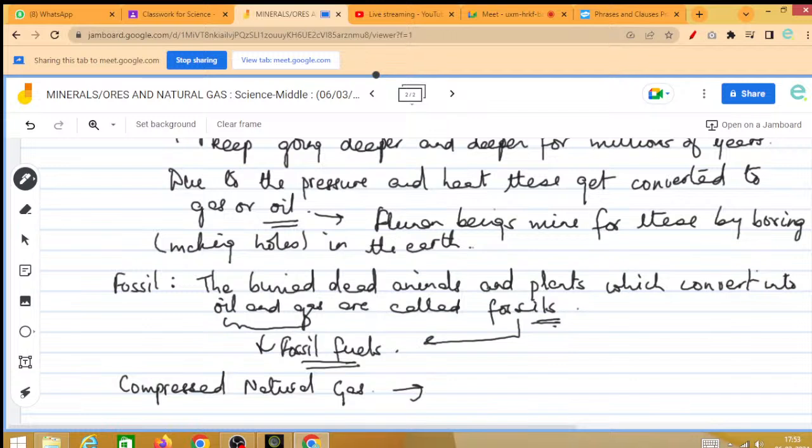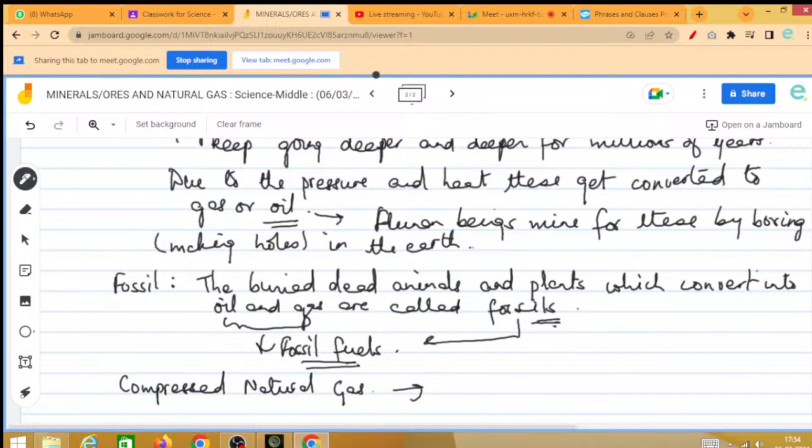Wherever it is present, it will be there in that container. Like liquids take the shape of the container. If there is no liquid in this and I close this, whatever gas there is stays inside. Now whatever gas we extract, you compress it.